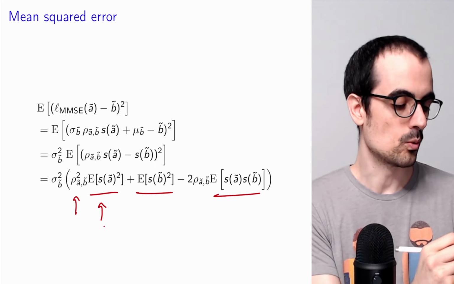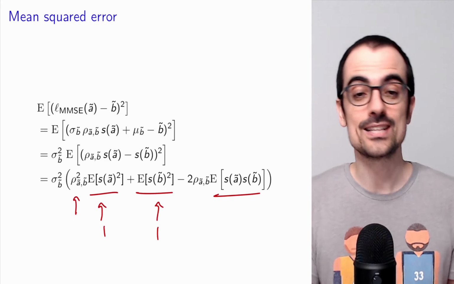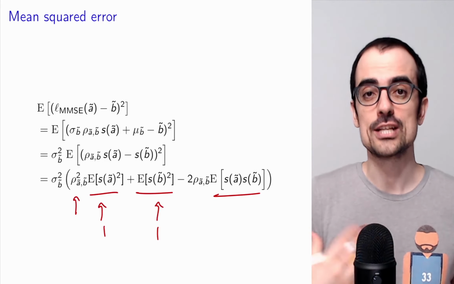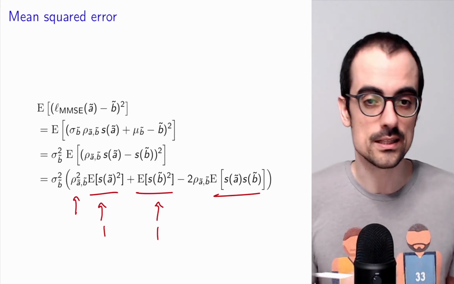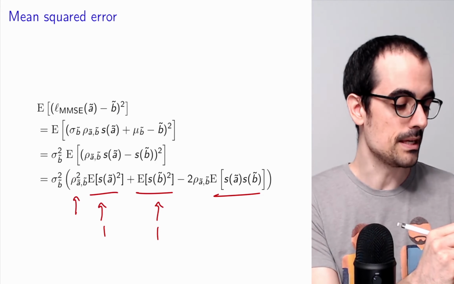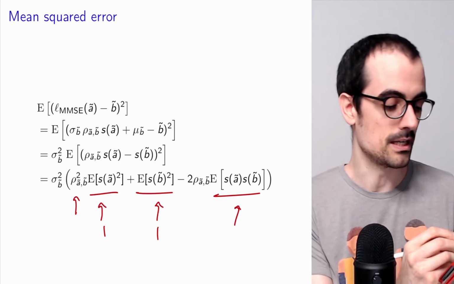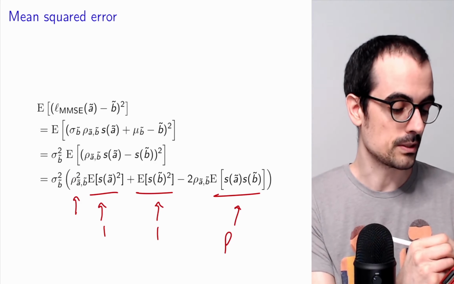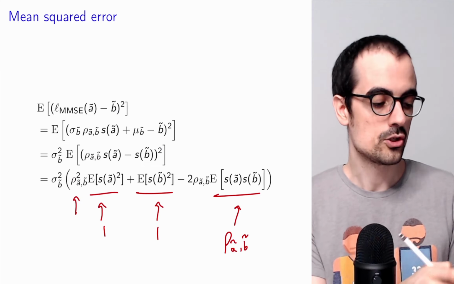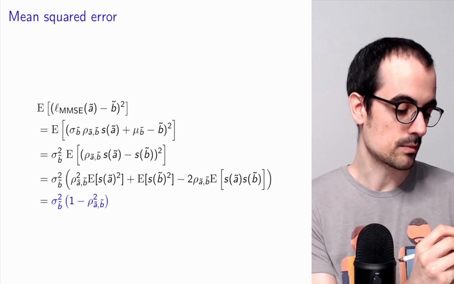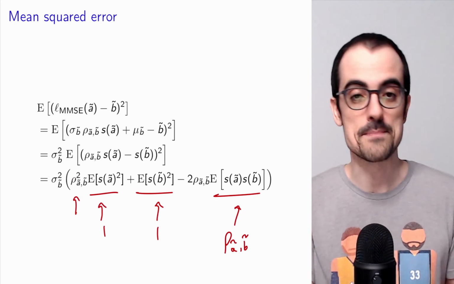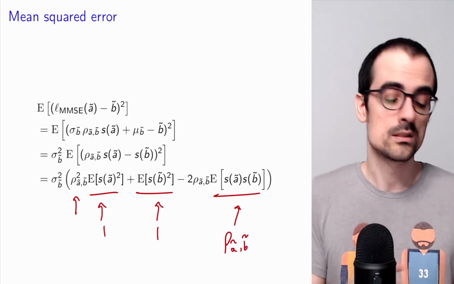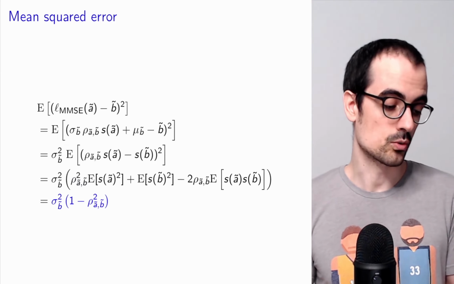So this is just equal to 1, this is just equal to 1, and the mean of the product between the standardized variables is exactly how we originally defined the correlation coefficient between A and B. So this is just equal to the correlation coefficient. This means that in this expression we have rho squared plus 1 minus 2 rho squared. This is just 1 minus rho squared.